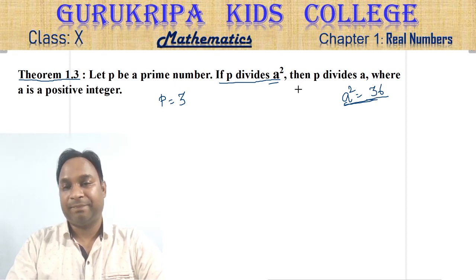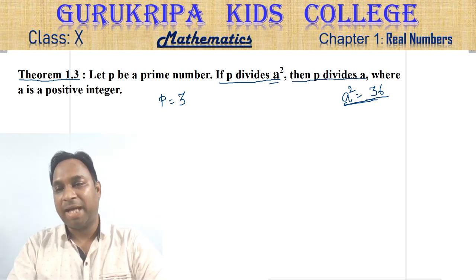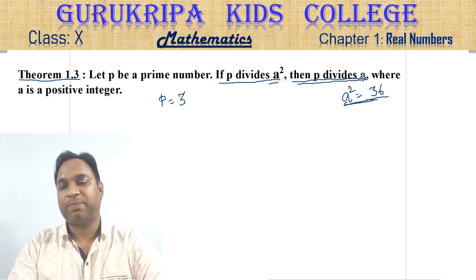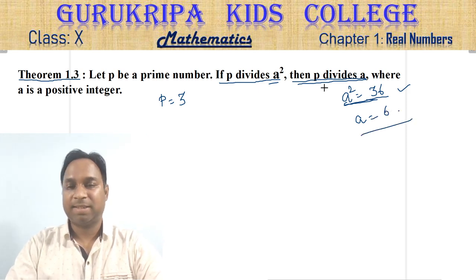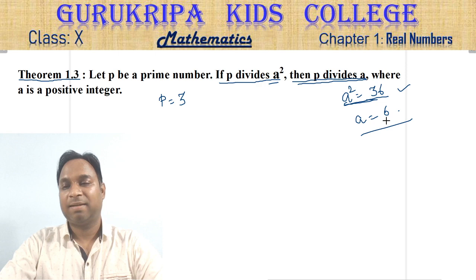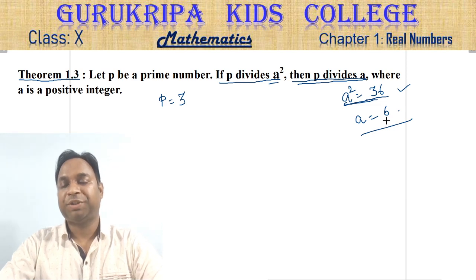Then p divides a. Now if this is true, then p has to divide a. No other condition is possible. If p is dividing 36, p will also divide a, which is equal to 6. Yes, 3 will divide 6. You can see that. But the same thing the theorem is saying. We need to prove this theorem.